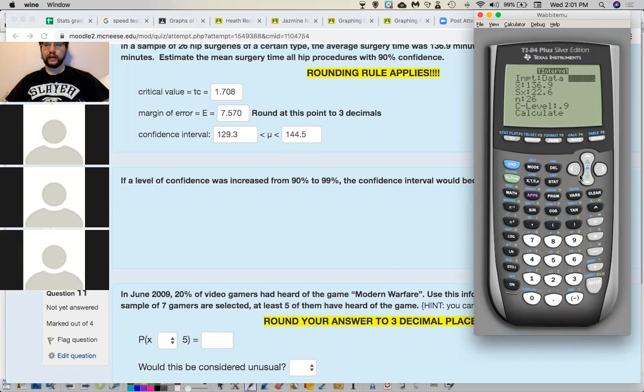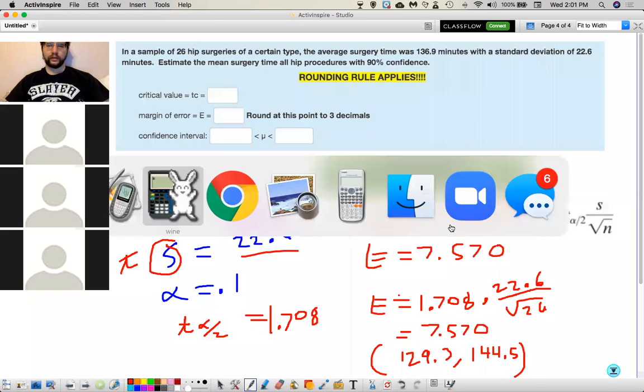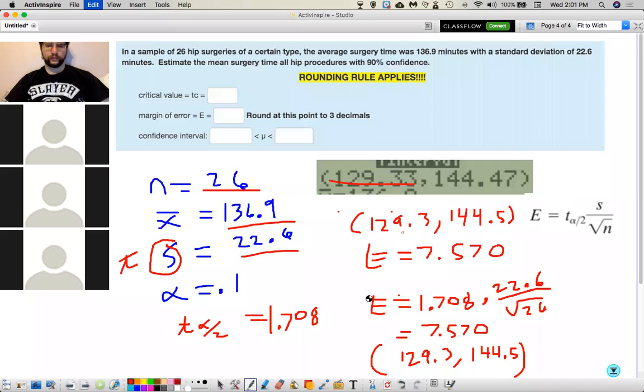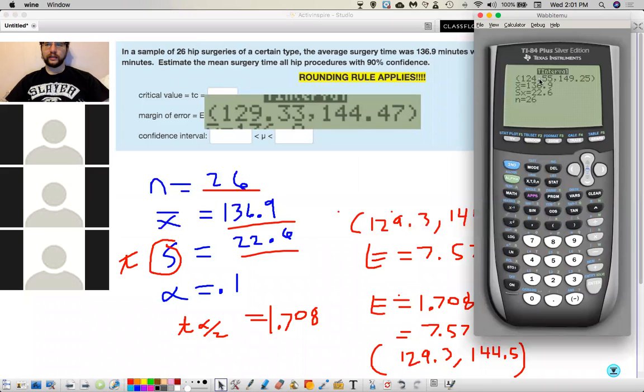Instead of 0.9, if we change that to 0.99, it's going to go from 124.6 to 149.3. Comparing that to what we had previously, you can see that this is a bigger range of numbers. The interval is wider.